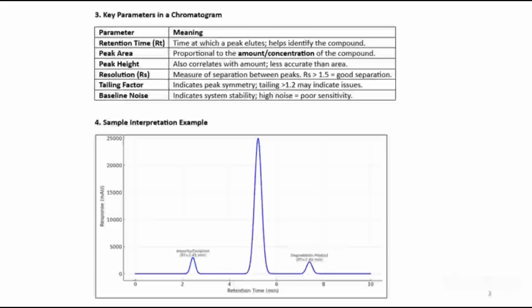Baseline noise indicates system suitability. High noise means poor sensitivity. So system suitability should be good, and system suitability, resolution, tailing factor, and retention time are all activities done in method development.